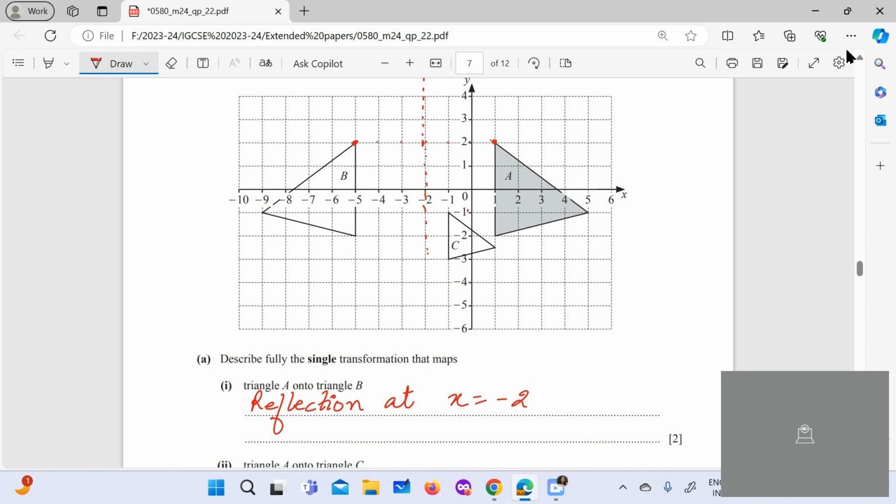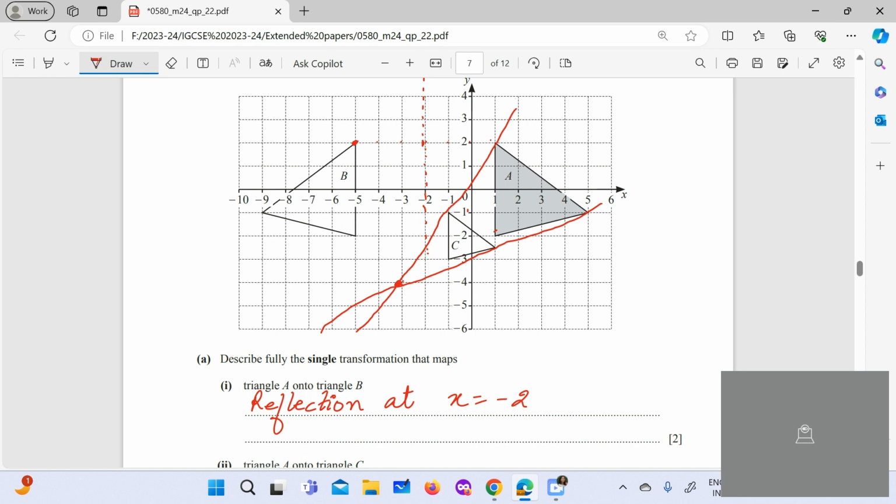So to find the center of enlargement, you have to draw one line like this, taking the corresponding points. Let me do it a little more properly. Like this, and this third one will also cross from here itself.